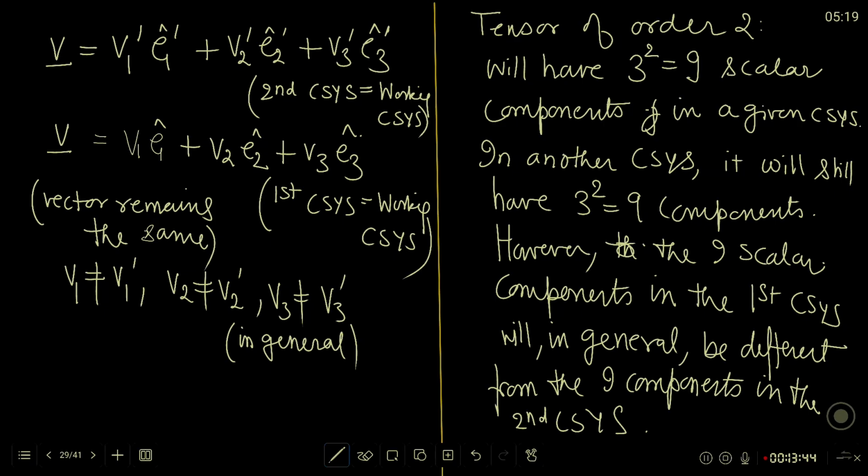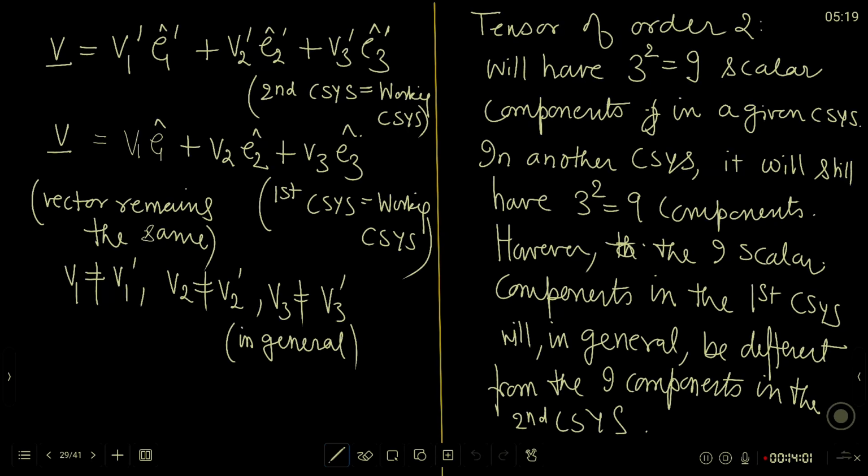Okay. 9 scalar components will be different. Redrawing the first coordinate system.